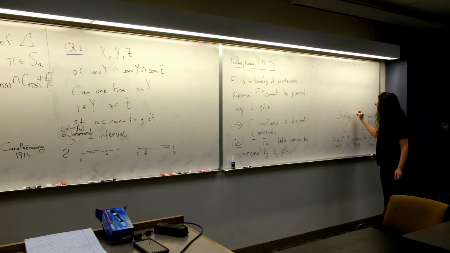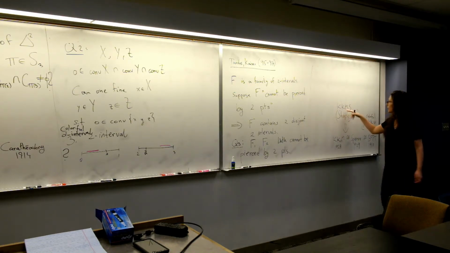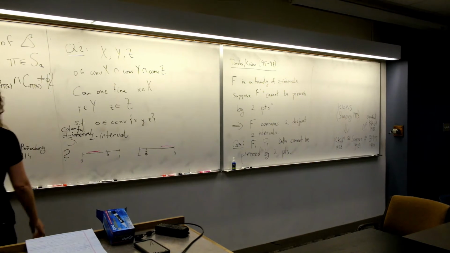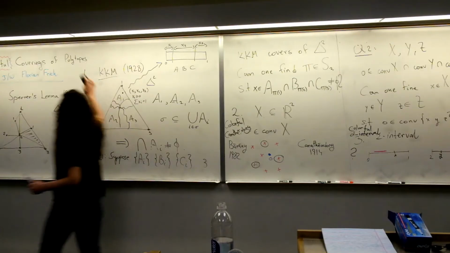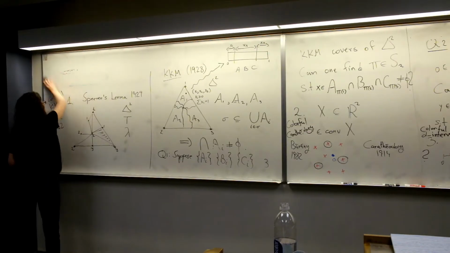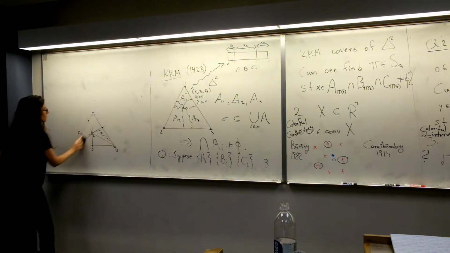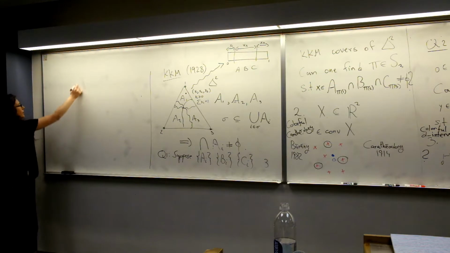So this is Shapley in 1973, and this version is called the KKMS Theorem. So KKM and S stands for Shapley. So let us discuss the KKMS theorem. So again, we have delta K or delta 2.